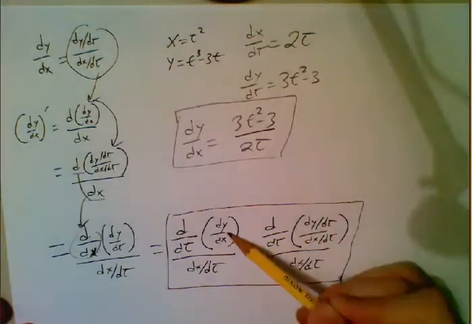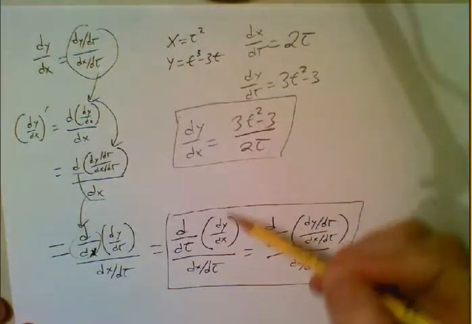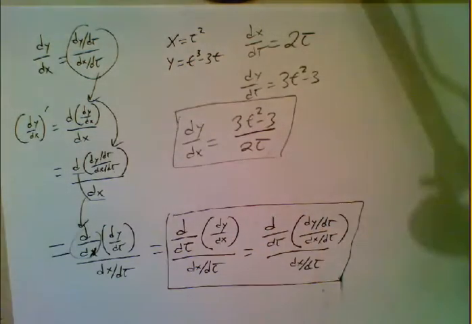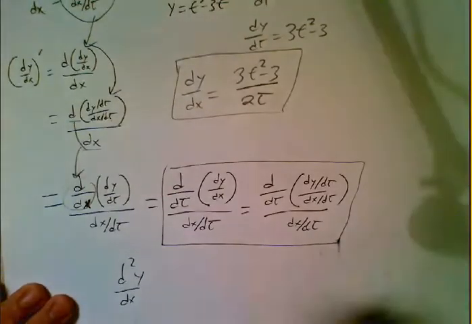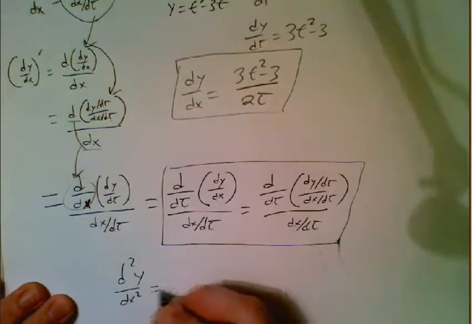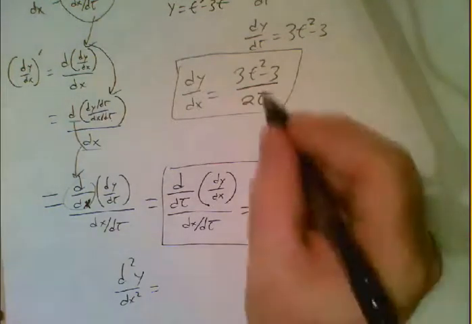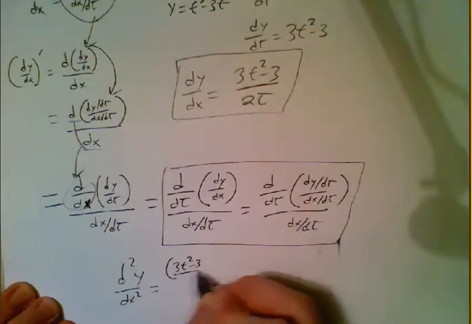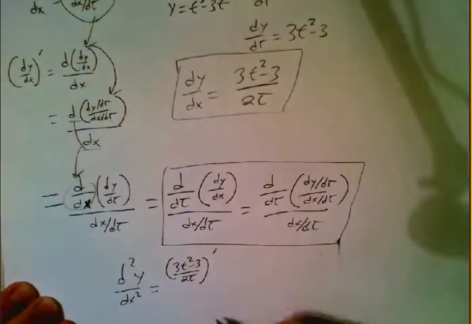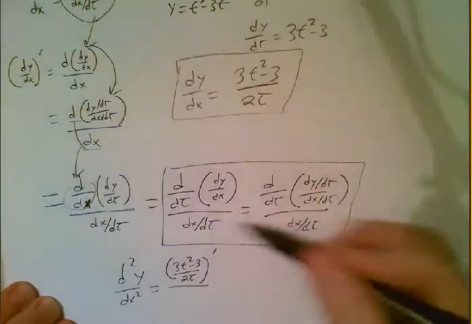I've already done all this work. It's really right there, and I'm going to put that in. So my second derivative, my d squared y over dx squared, is going to be the derivative of this. So I'll write it with one step here: the derivative of (3t squared minus 3) over 2t, prime, over dx/dt.